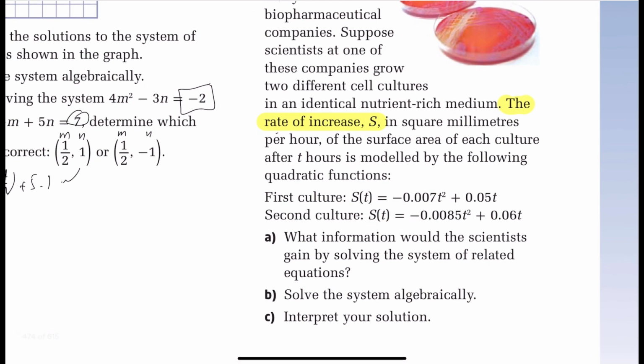The second question, B, is asking us actually to solve it. I will show you how, so many examples. You do the same thing: substitute this equal to this and solve for your t.